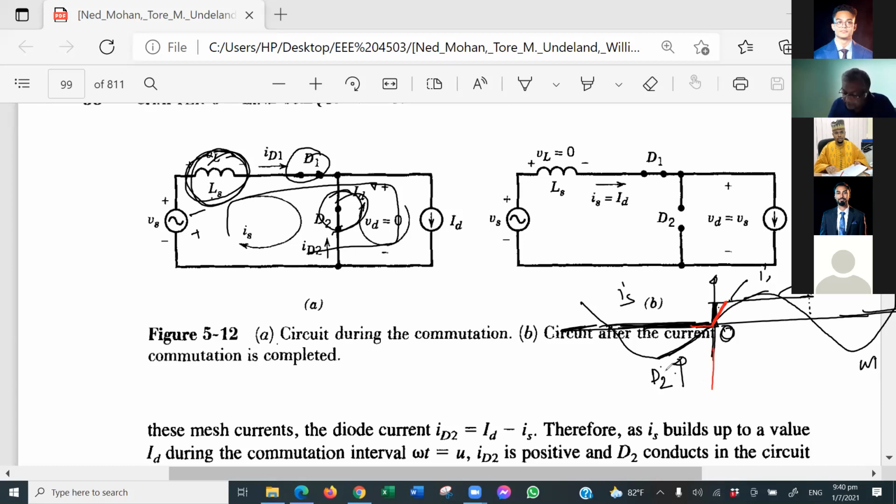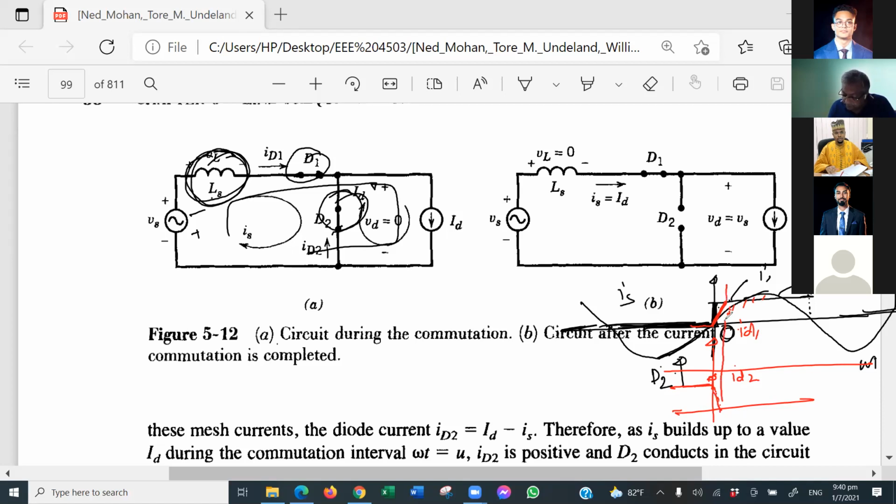Okay, let us plot this. This is your ID1 and this is your ID2. ID1 was there. When the voltage is positive, ID2 will go to 0 this way, and ID1 will build up like this.